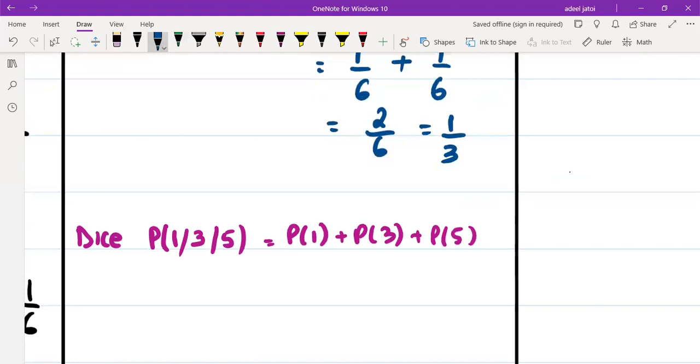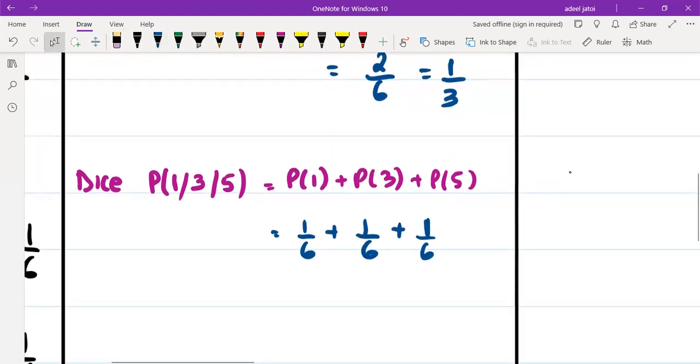The probability of having 1 is 1 upon 6, of having 3 is 1 upon 6, and of having 5 is also 1 upon 6. So the total probability is 3 upon 6, which is equal to 1 upon 2. That means out of 6 sides, 3 sides can come and 3 sides can't come, so the probability is 1 upon 2, which is 50%.